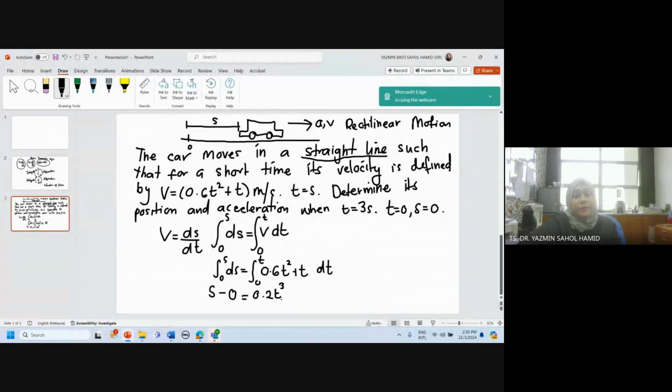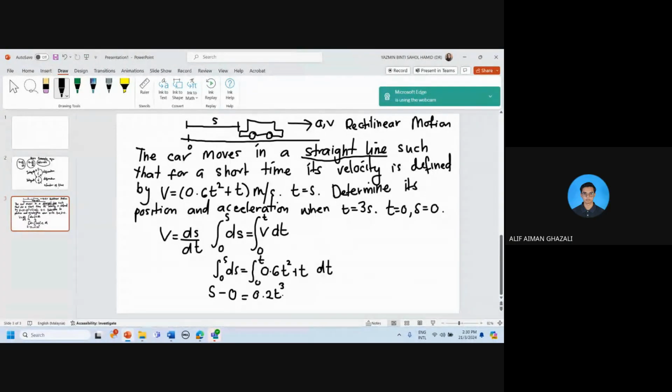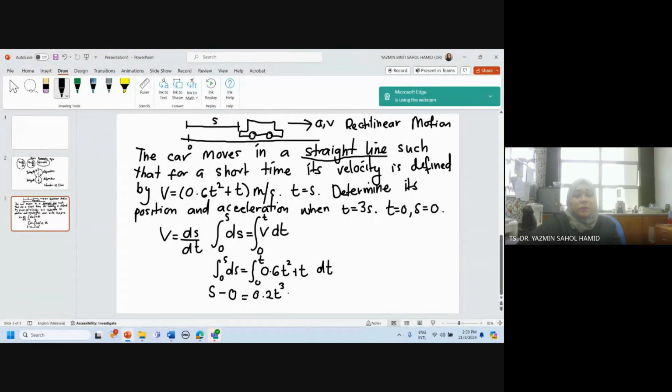Is that correct? Yes. Okay, plus the integral of t, which is 0.5 t squared.